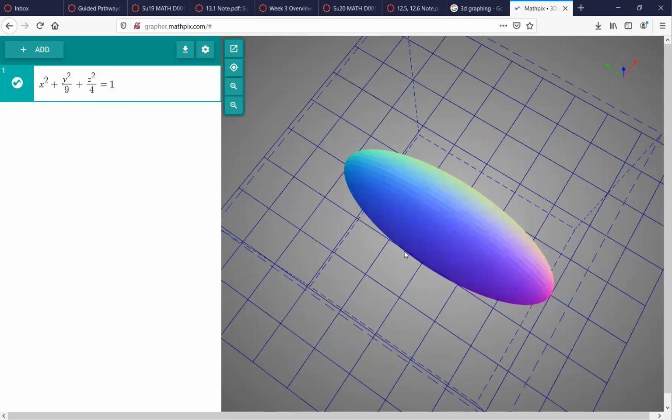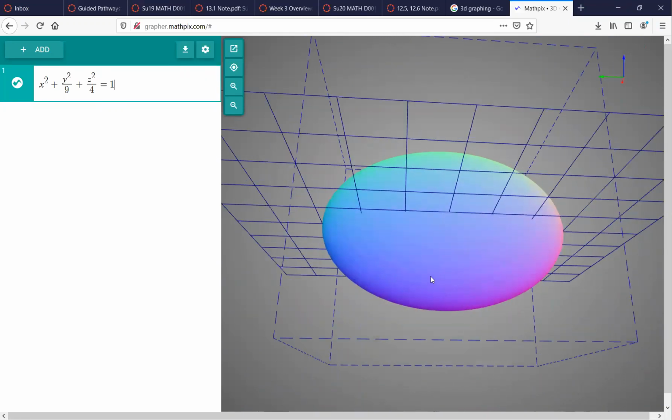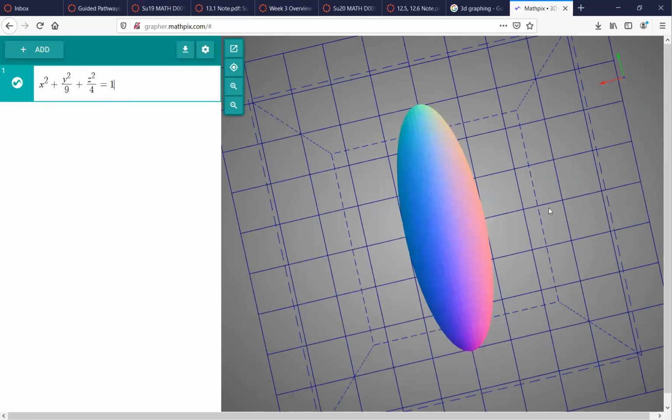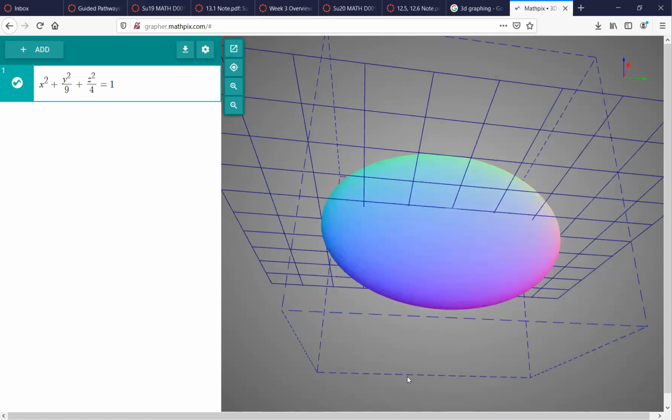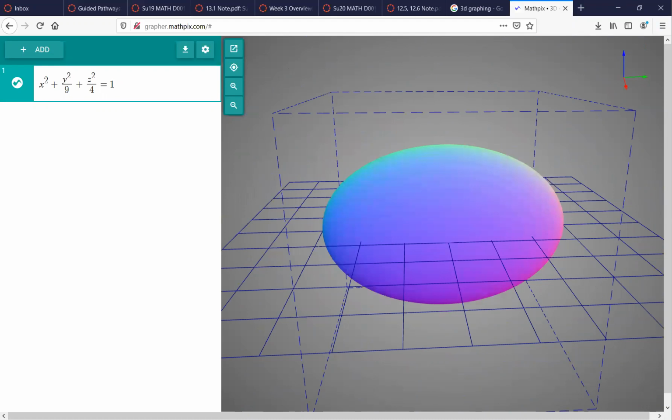Let's take a look at the graph. Okay, let's just rotate this guy. See this from a different angle. As you guessed, it's the equation of an ellipsoid.